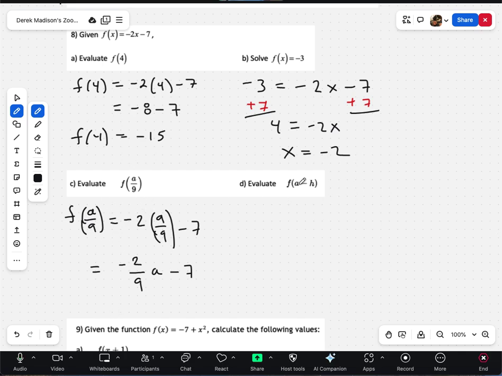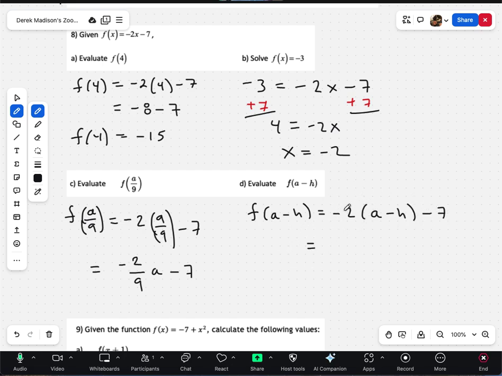For this one, we're going to have a minus h. That's what's replacing x. So I'll just write that there. So we'd have negative 2 and then a minus h minus 7.